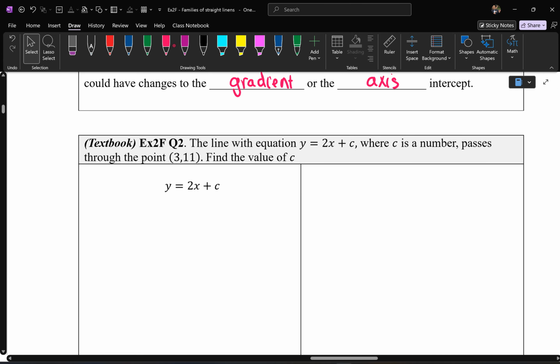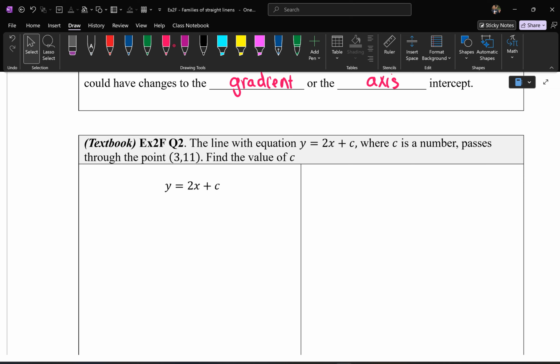So this is from the textbook, exercise 2F, question 2. Question says, the line with equation y equals 2x plus c, where c is a number, okay, so we know it's a number, passes through the point (3, 11). Find the value of c. What do we do? They told us this is our equation, so I wrote y equals 2x plus c.